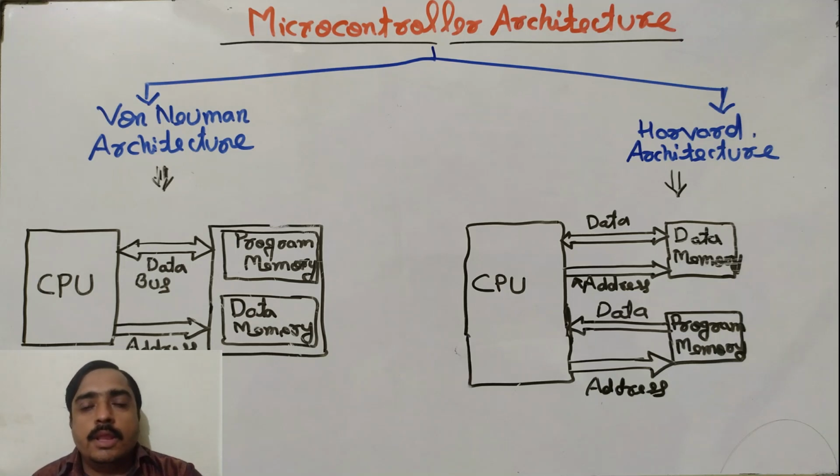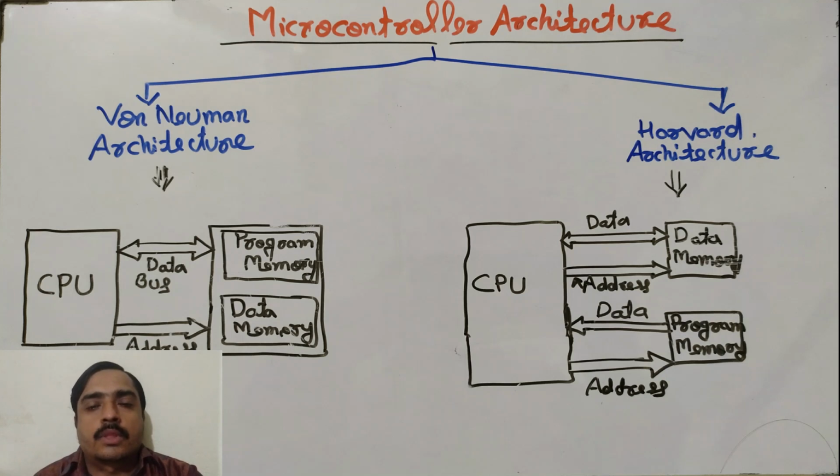In program memory the actual program is saved, and when a specific program is executed, the set of instructions is fetched from program memory and then executed one by one through data memory. Then we come to the point of architecture.